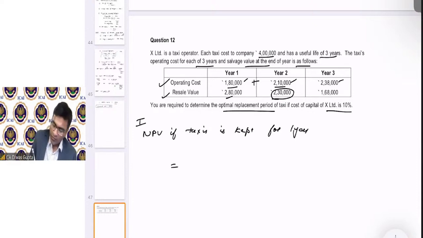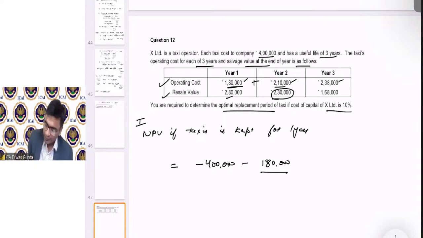What will be the NPV? The initial 4 lakh will be an outflow. And 1,80,000 will be incurred as an operating cost, but that will be at the year end, so we will discount it by the discounting rate. I am putting a minus because again, it is a cash outflow, divided by 1 plus 10%. And there is a resale value of 2,80,000 that will be realized, so I will add 2,80,000.